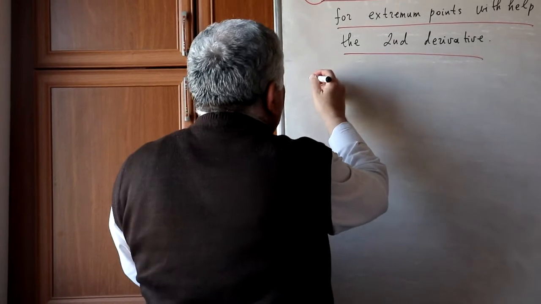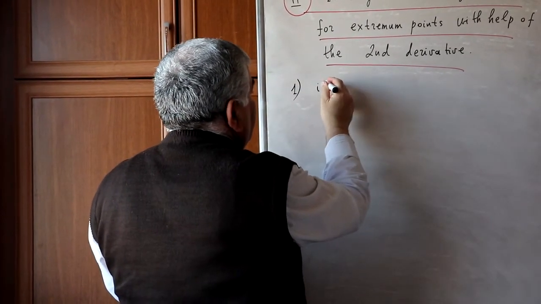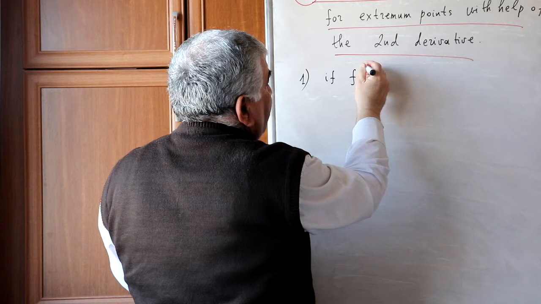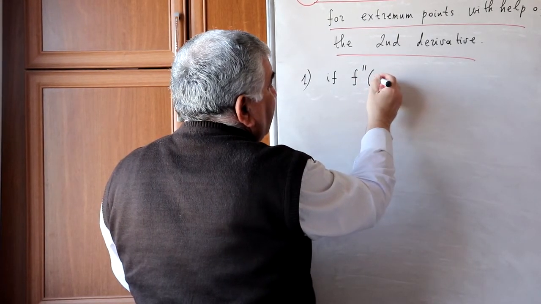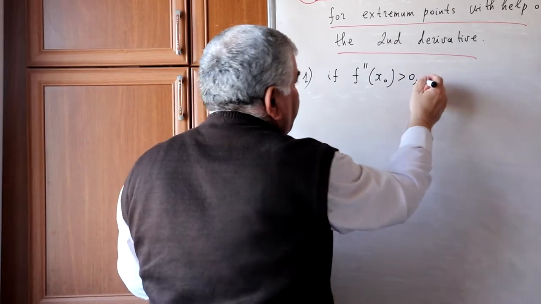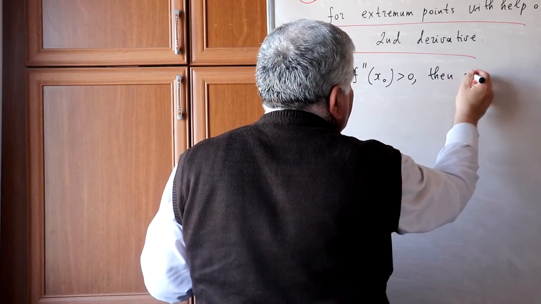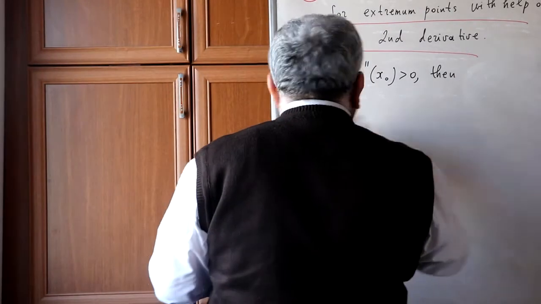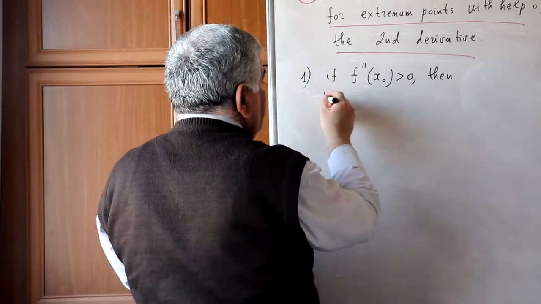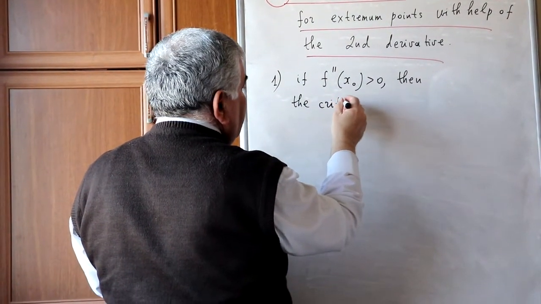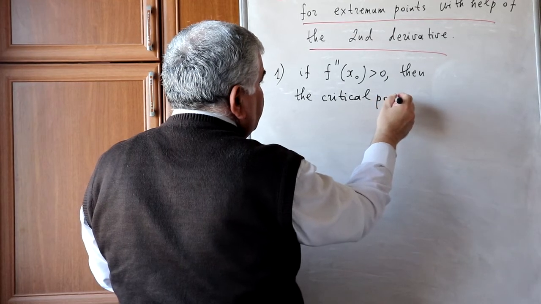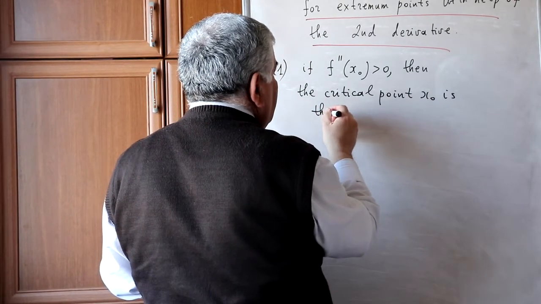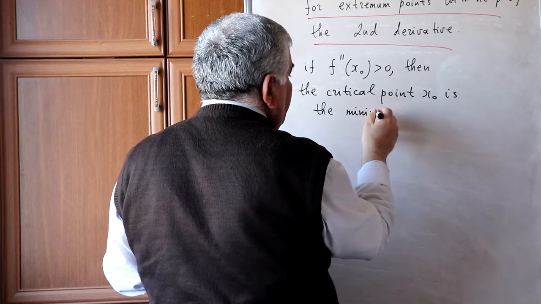Now write the first point: if f double prime at x sub 0 is positive, then the critical point x sub 0 is the minimum point.